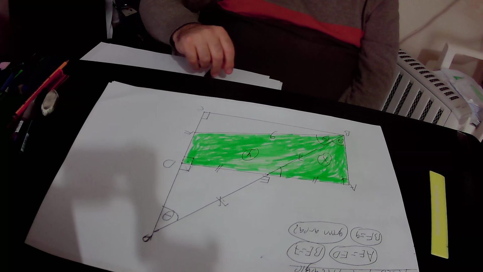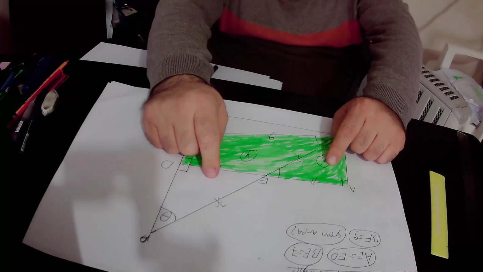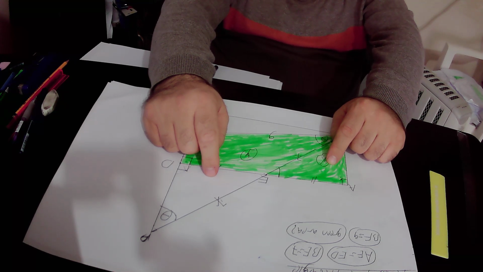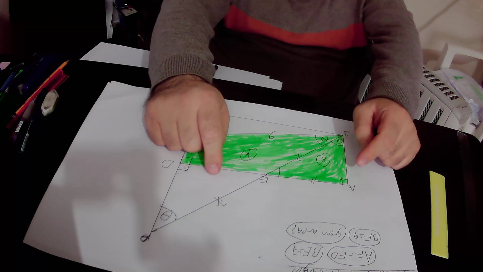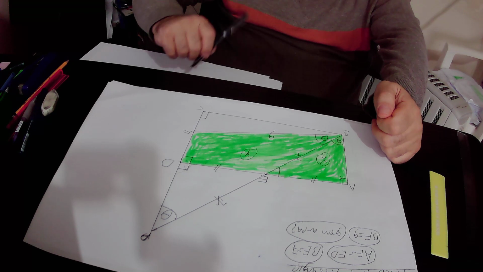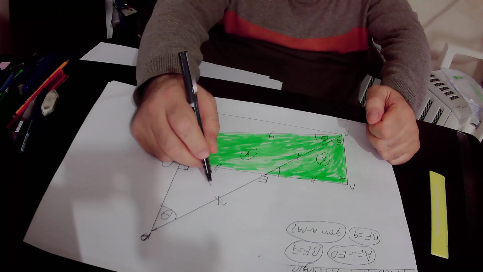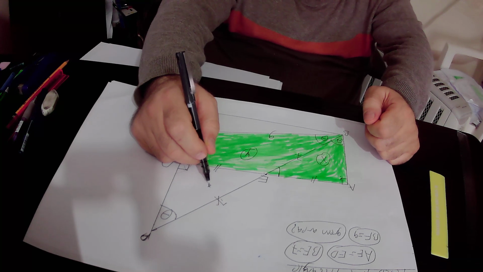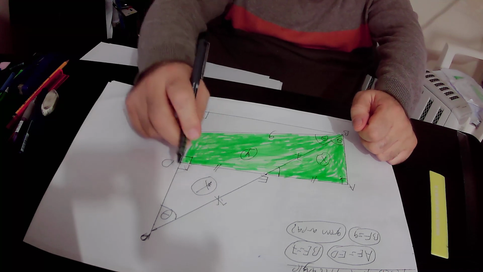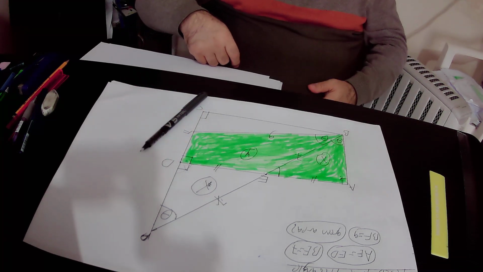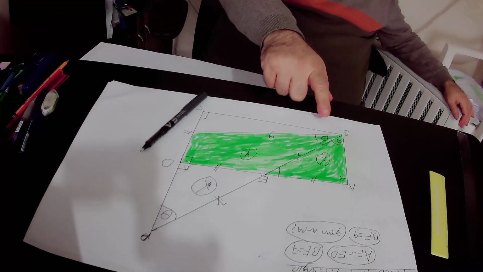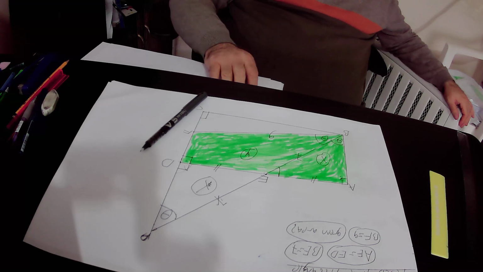But because those two triangles are congruent to each other, they also have the same areas. So if the area of triangle ABE is x, then the area of triangle PED will also be equal to x. And actually, the area of the green shape is equal to x plus y, so I'll write it down.